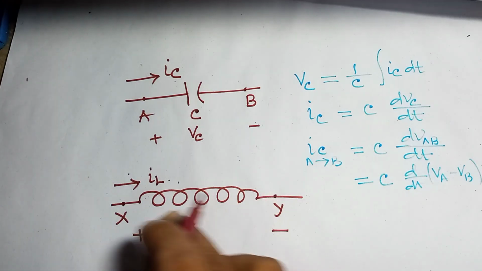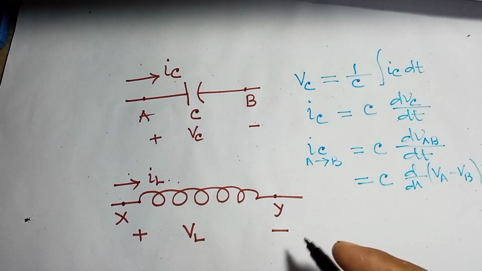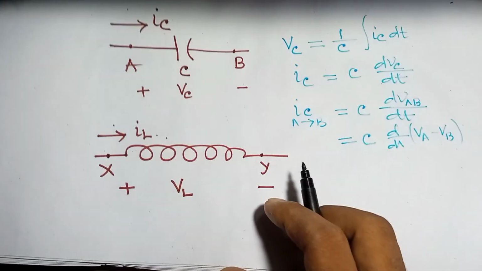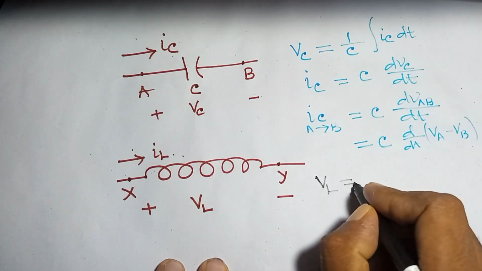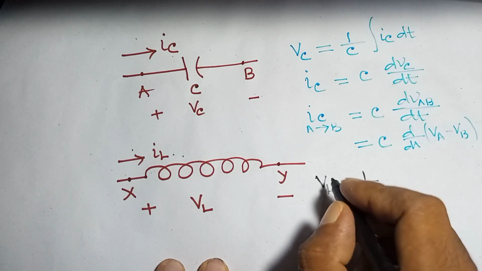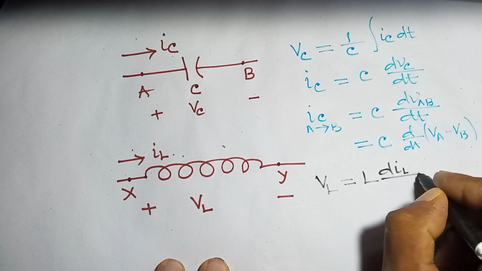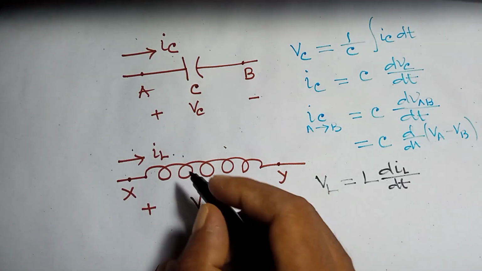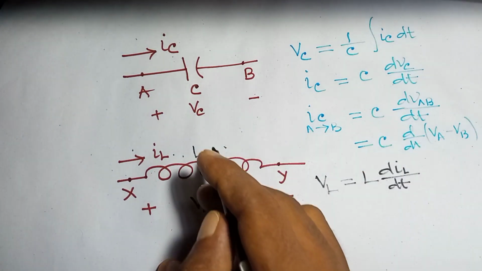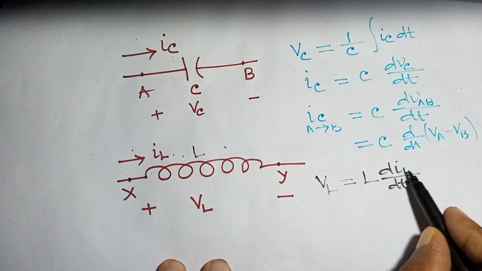So the relationship between voltage and current is given by VL is given by L times dIL upon dt, where L is the value of inductance of this inductor. So VL equals L times dIL/dt.